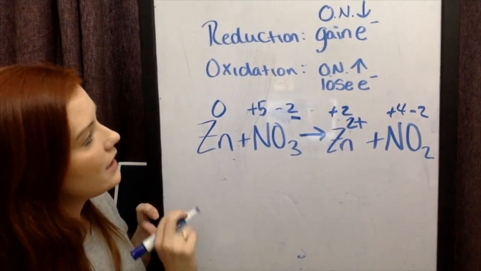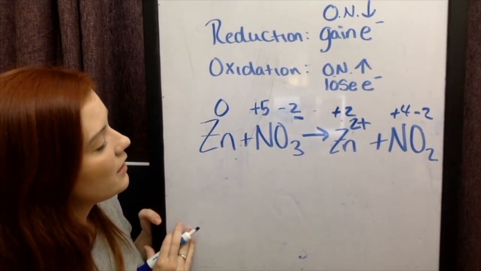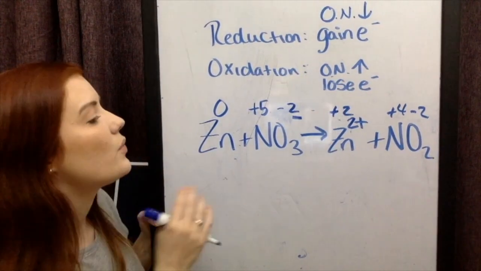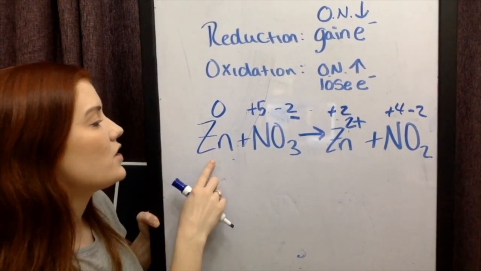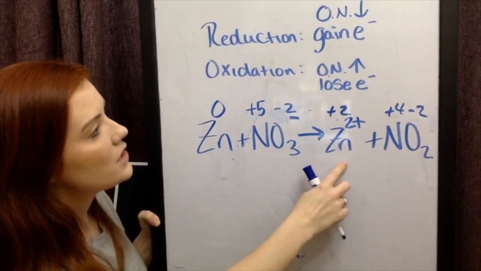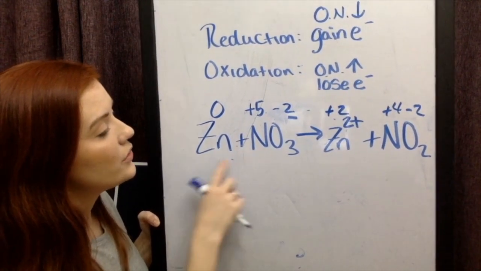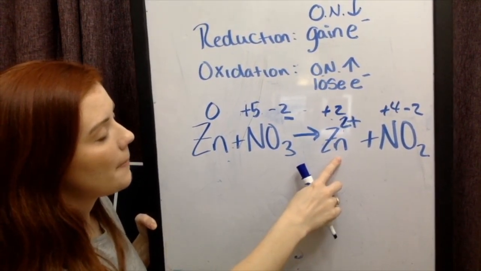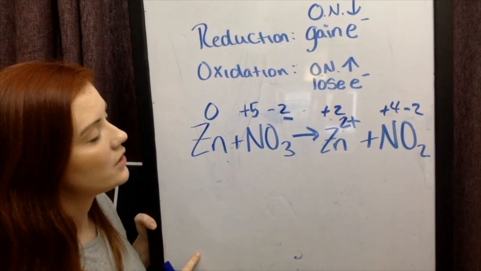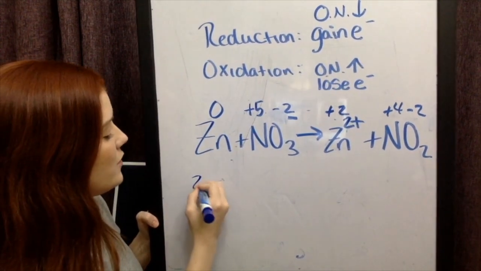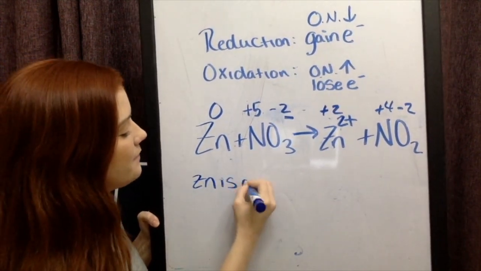So let's take a look at what is being reduced and what is being oxidized. We know that zinc goes from an oxidation number of 0 to 2+. So it is losing 2 electrons because its oxidation number is going up, which means it is being oxidized.